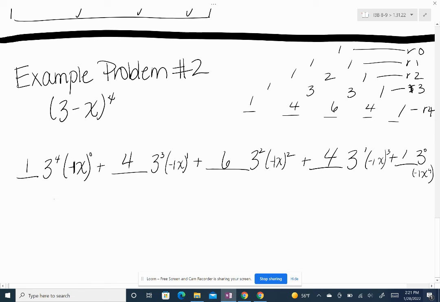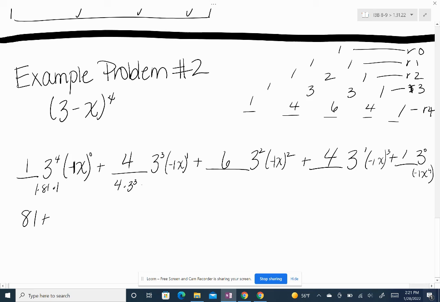Okay, anyways. Anything to the power of 0 is 1, so that's times 1. 3 to the power of 4, so it's 3 times 3, which is 9, times 3, which is 27, times 3, which gives you 81. So 81 times 1 times 1, doesn't change the value of 81. So we have 4 times 3 to the power of 3, which is 27.